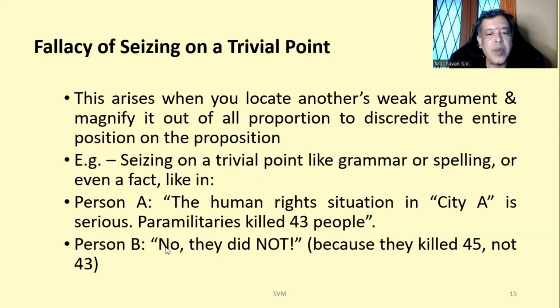Person B replies, no, they did not. Then you ask him why he says it did not. He says they killed 45, not 43. Here the number is not the main thing. The main thing is the human rights situation, which is not being discussed. Just to find a fault in the numbers, he points out that it is not 43 but 45. That is basically seizing on a trivial point. It is one of the fallacies.